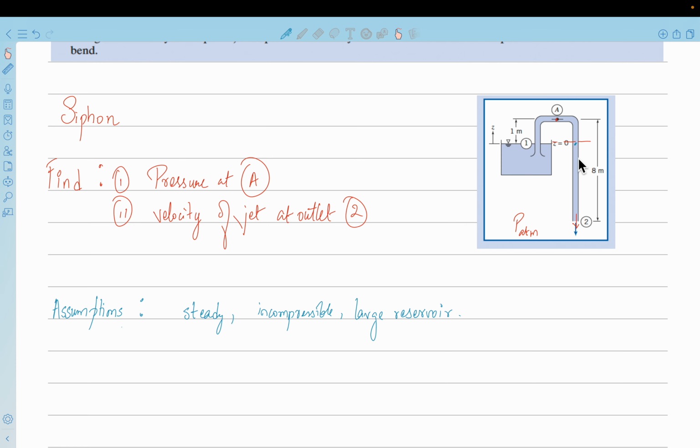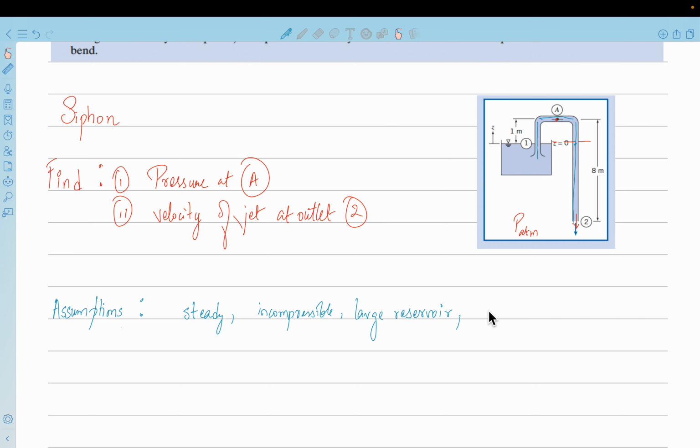If you can apply here, you can also apply over here. So the most important assumption is you have to say that the flow from here to here and to here is happening through a streamline.